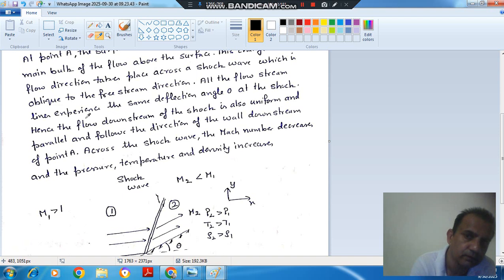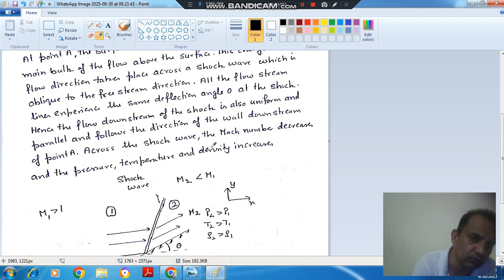All the flow streamlines experience the same deflection, that is, the deflection of this surface. Hence the flow downstream of the shock is also uniform. These are parallel streamlines, and they follow the direction of the wall downstream of point A.